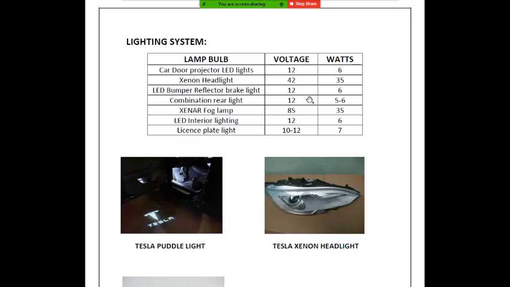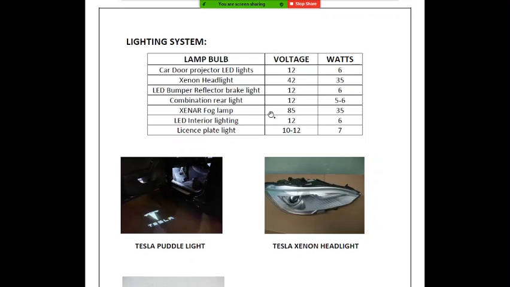The combination rear light is also around 12 volts and 5 to 6 watts. The xenon fog lamp and the xenon headlight are somewhat similar, but the headlight uses 42 volts and the xenon fog lamp uses 85 volts.